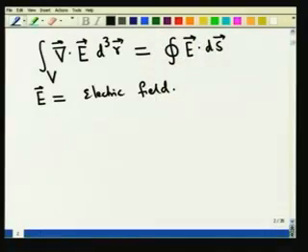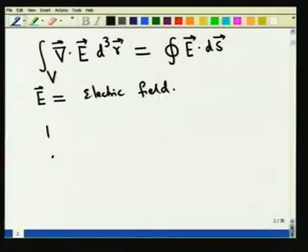I will start with a point charge, see what the consequences are, use superposition to generalize to any number of point charges, and then since we know how to go from a discrete distribution of charges to a continuous charge distribution, we will be able to write down Gauss's law in the form mentioned on the previous page, namely divergence E equal to rho by epsilon naught.